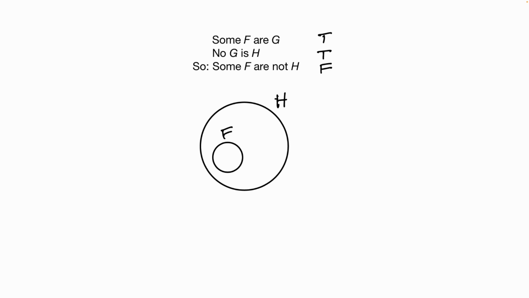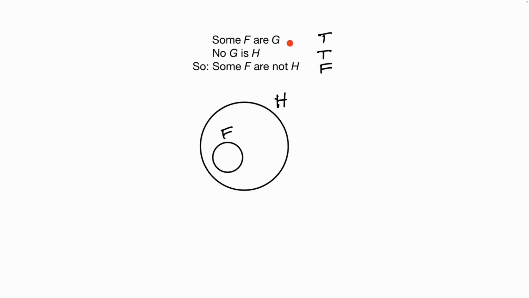And now that I have depicted a scenario where this conclusion is false, can I make both of these premises true? Well, let me start by trying to imagine that this first premise is true.